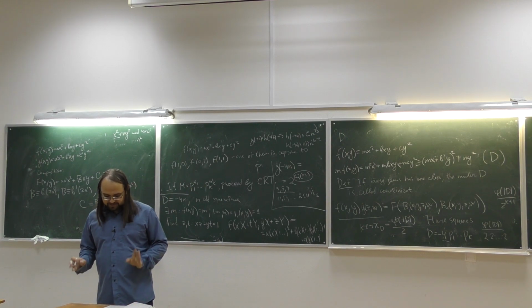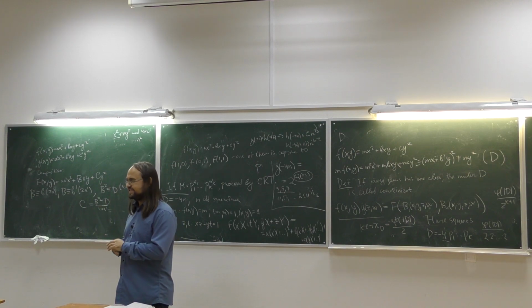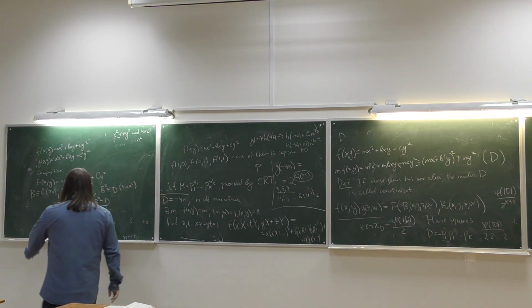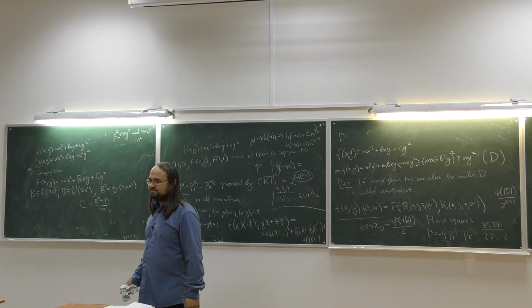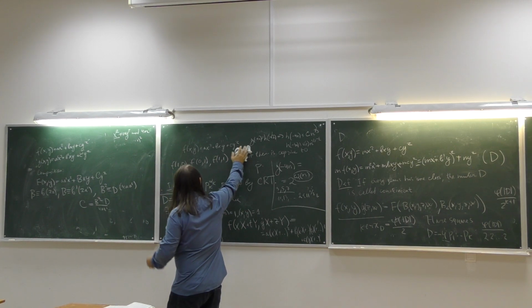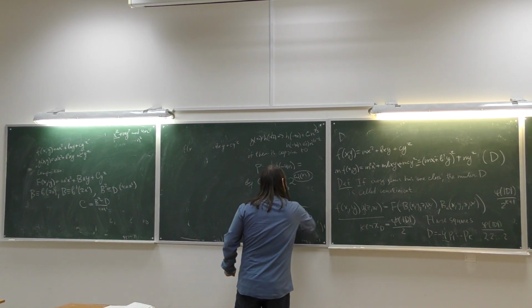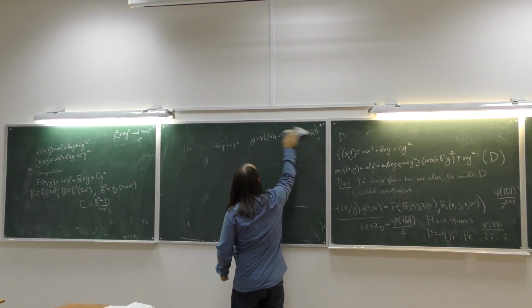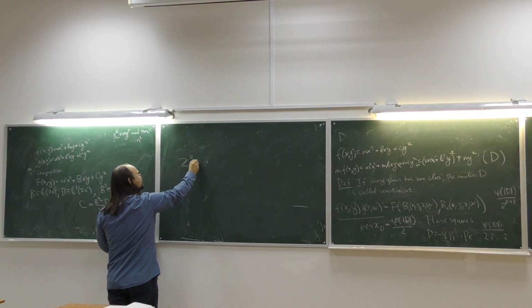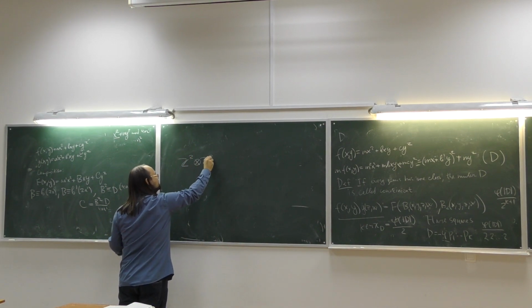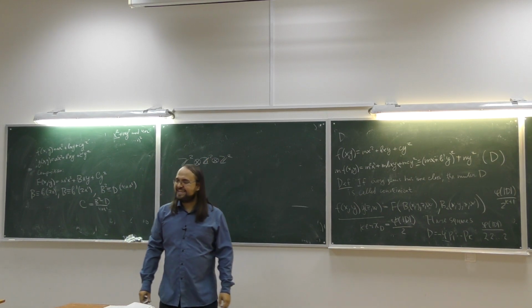And I would like to tell you another way of looking at this stuff. This is a discovery of Manjul Bhargava, who observed the following thing. He worked with just Z2 tensor Z2 tensor Z2. Okay?